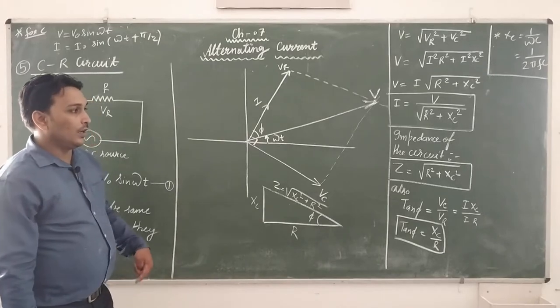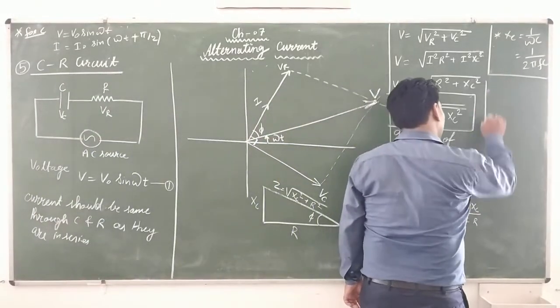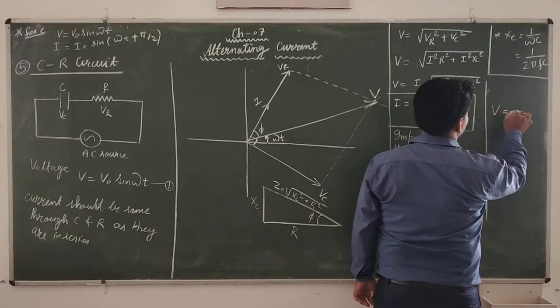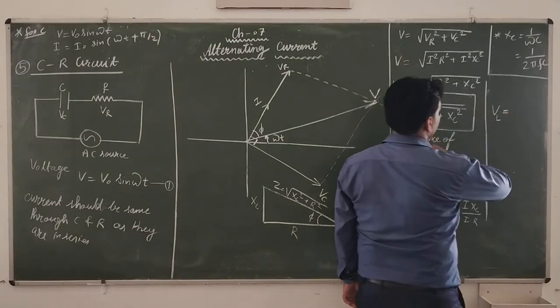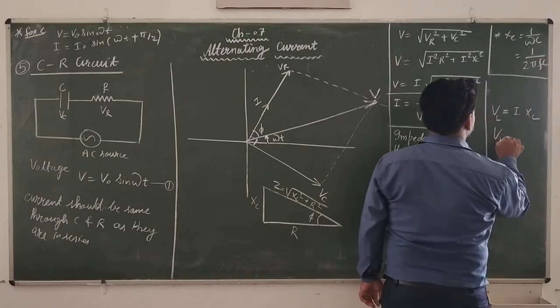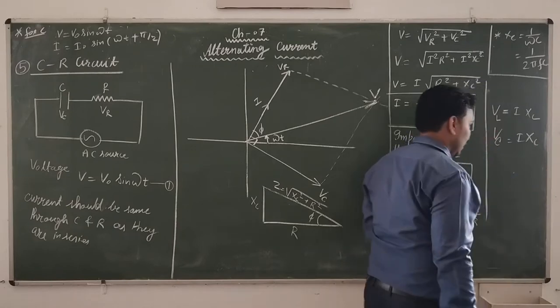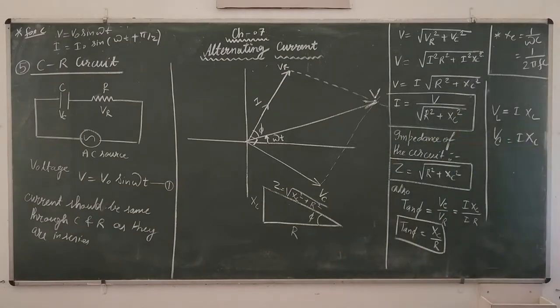One confusion may arise in your mind: how am I able to write VL in the previous derivation? It was I into XL, and here VC is equal to I into XC. I have told you yesterday, that's why I am telling you that the lectures are very important. You must see them in continuation.